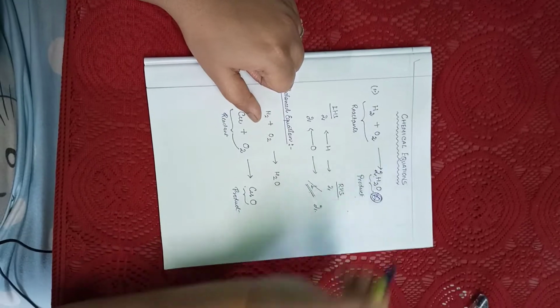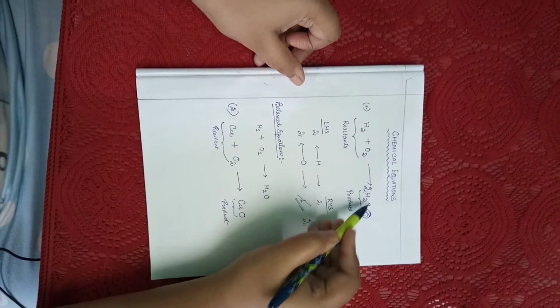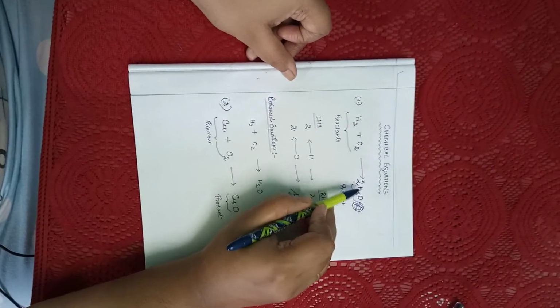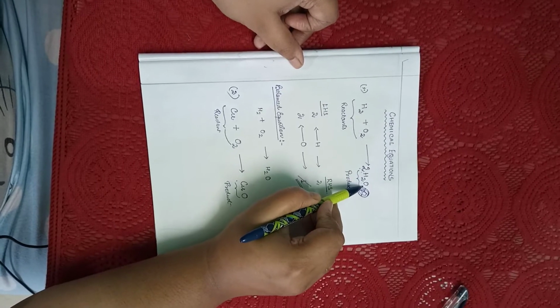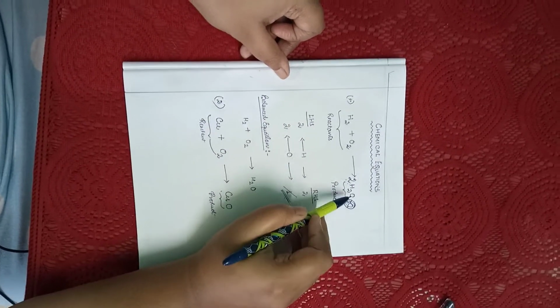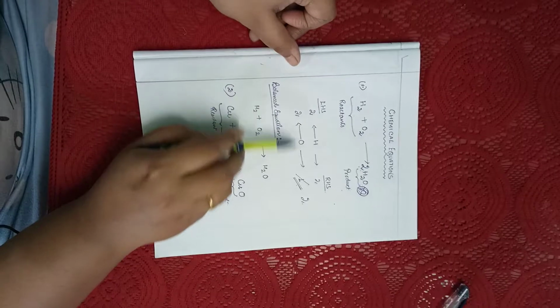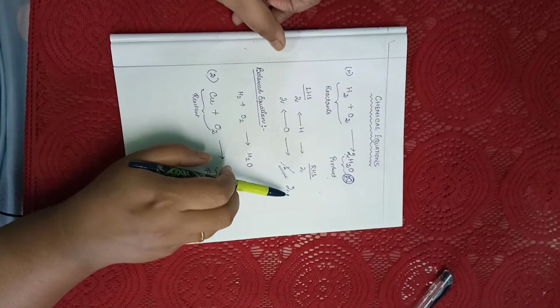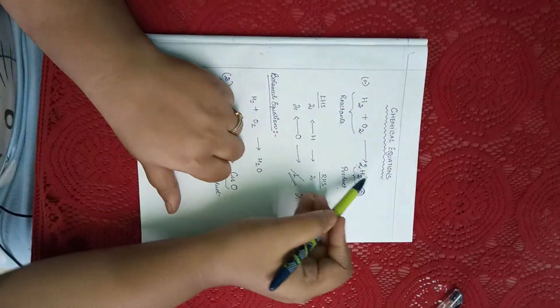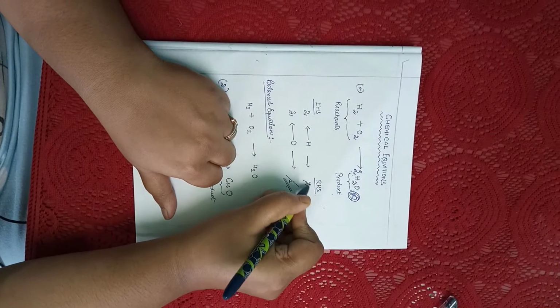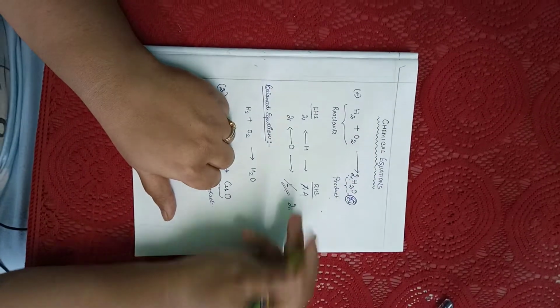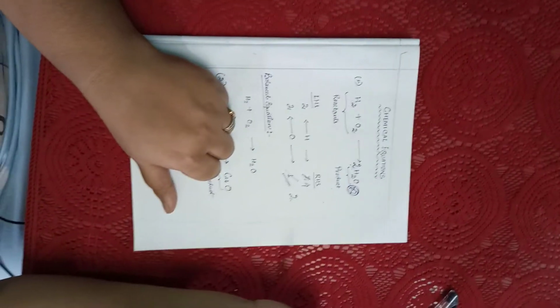Okay, so when we are going to put a 2 in front, then this 2 is applicable both for hydrogen as well as for oxygen. Okay, so oxygen becomes 2 on left hand side as well as right hand side, but here for hydrogen it becomes 4 on the right hand side. So how are we going to balance in the left hand side?